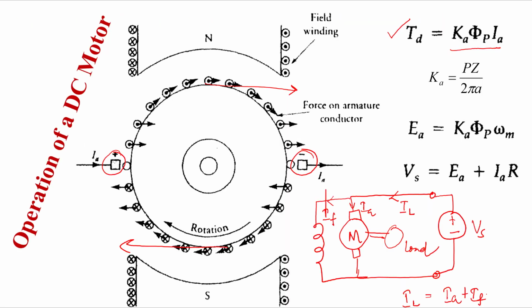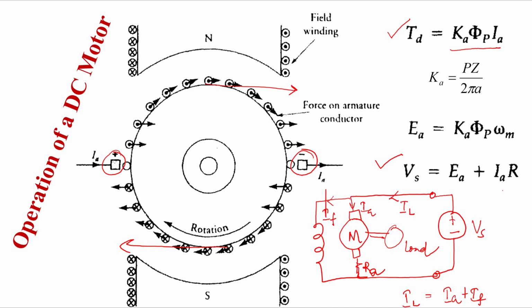Okay. So now, if I write the KVL, Kirchhoff's voltage law, obviously Vs will be equal to EA plus IA Ra. Of course the resistance will be here somewhere, that is Ra, the resistance of the armature circuit. So your Kirchhoff's voltage law equation will be Vs equal to EA plus IA Ra.